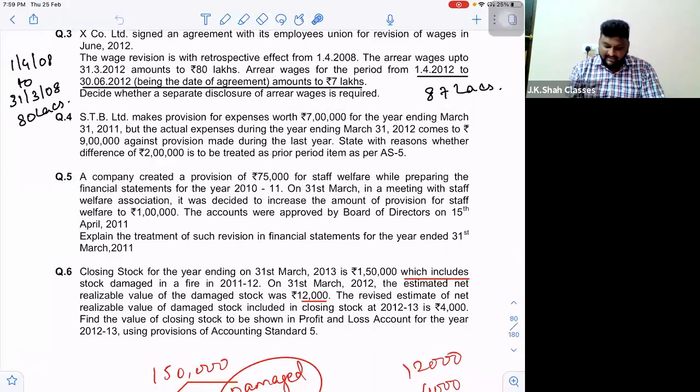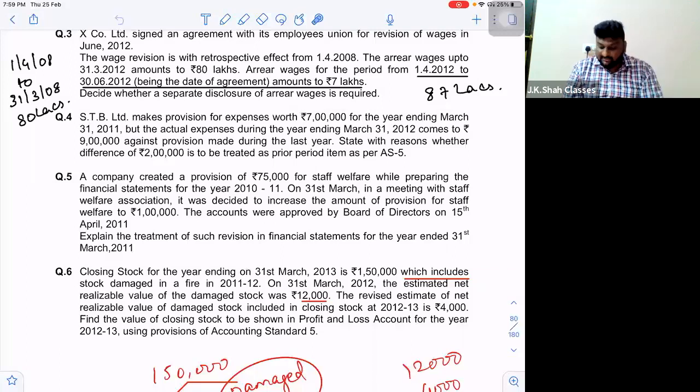In my garage example, I made a provision for 12,000 rupees, but the actual expense came to 20,000 rupees. So technically I created a further provision of 8,000. So here also I created a provision for 7 lakhs last year, as on 31st March 2011. But in the current year, when the actual expense was incurred, the amount was 9 lakh rupees. So can I say I have to create a further provision of 2 lakhs?